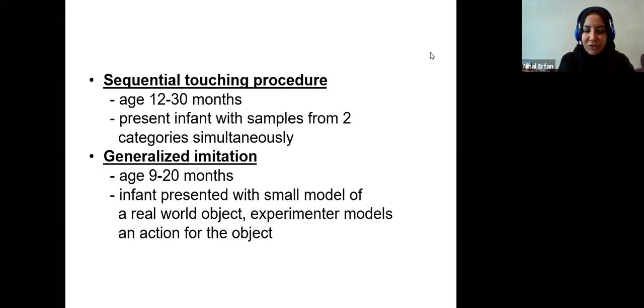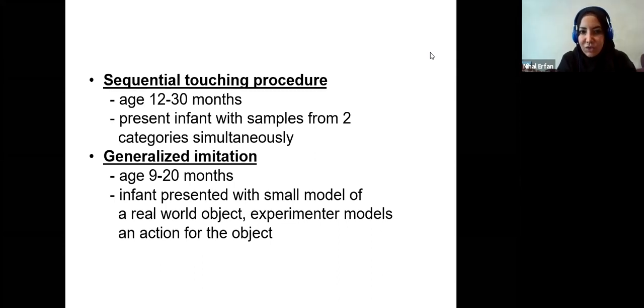Usually it's going to be a different shape but of the same color, so it doesn't get confusing. And what happens is they will sequentially touch the things that they are familiar with.